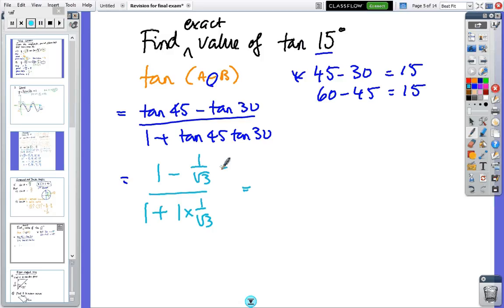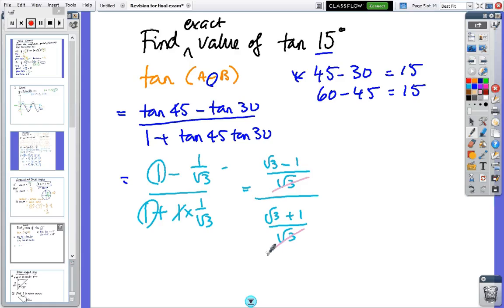So on the top line, the common denominator is root 3, so this number will turn into root 3 minus 1, so that's the top. Now 1 doesn't change, this has to change to a root 3 as well, so this will turn into root 3 plus 1, and then the root 3s can cancel out.